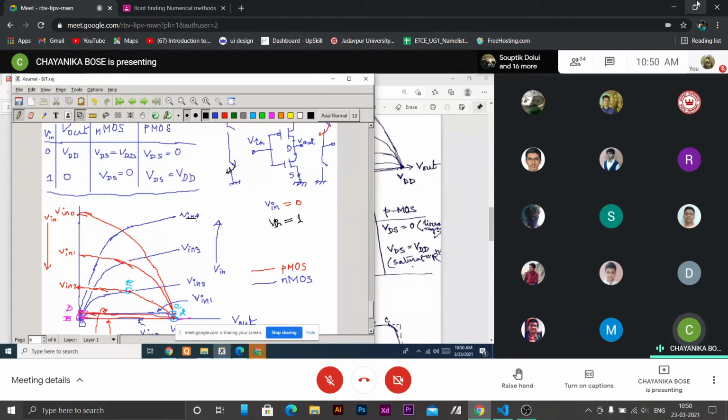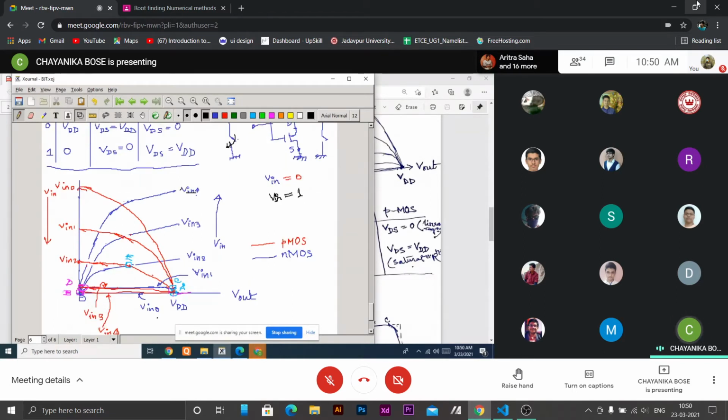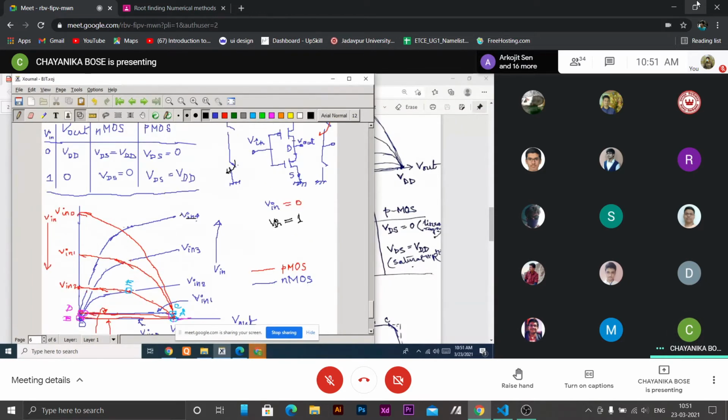Now we will see the identical condition, at identical biasing condition, IP will be equal to IN. Both are drawn as positive, so we will only see at which point IP is IN. Then the net current will be 0 because in PMOS current flows in the opposite direction. So for V input 0, say first V input is 0. Gate voltage 0, so NMOS is off.